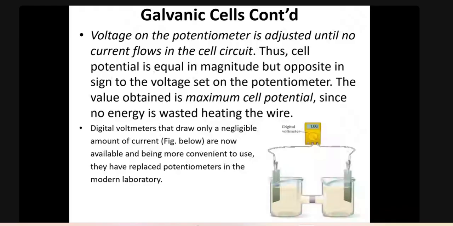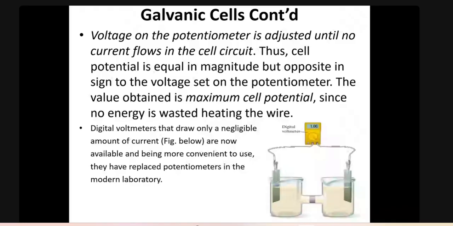But this one doesn't have a resistor, so it won't lose energy in the form of heat when measuring the potential difference between the 2 points. So the potentiometer will give you a more accurate cell potential as compared to when you use a voltmeter.